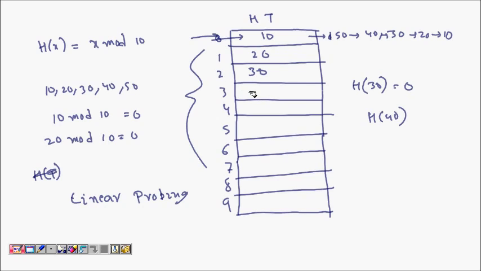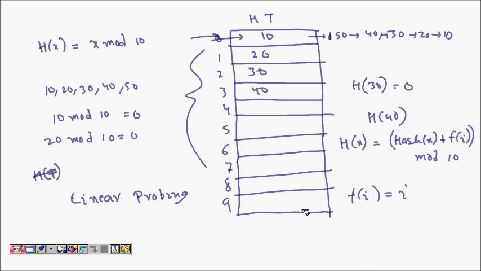So now you can see what our function will be here. h_i(x) will become hash of x plus f of i, mod 10. Now you will ask, what is this f of i? In linear probing, f of i is nothing but i.